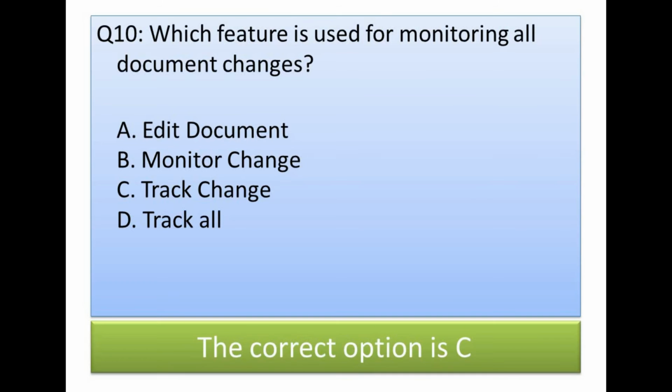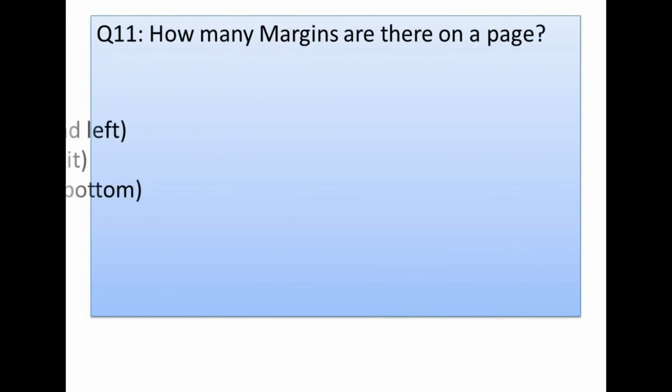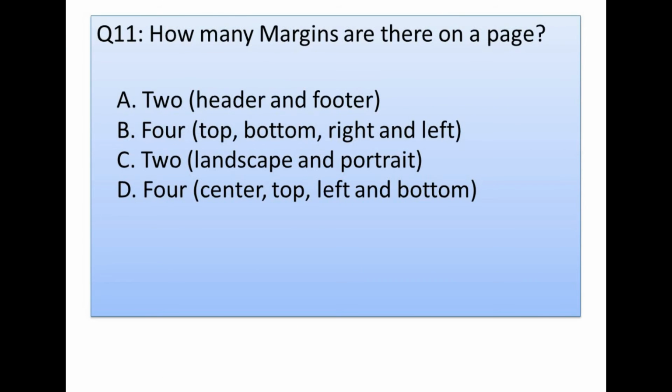Correct option is C. How many margins are there on a page? 1. Two. 2. Header and footer. 3. Four. Top, bottom, right, left. 4. Landscape and portrait. Four. Center, top, left and bottom. So the correct option is B.